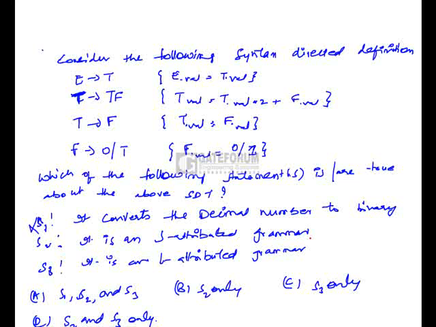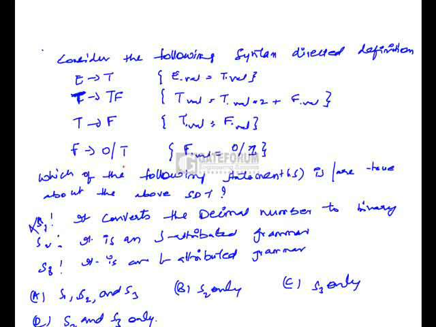S2: it is an S attributed grammar. S attributed grammar is nothing but a grammar in which all the attributes are synthesized. Then we can say that the grammar is S attributed grammar. Synthesized attribute means the value of the attribute is dependent upon the attribute values of its children.